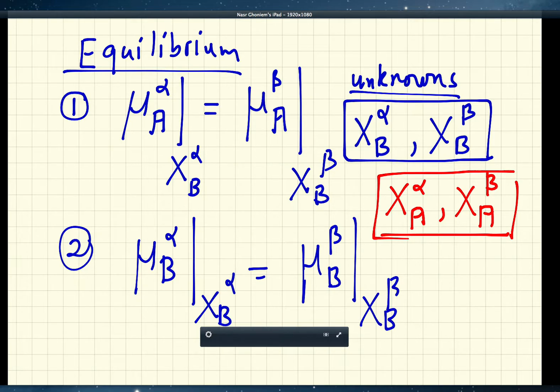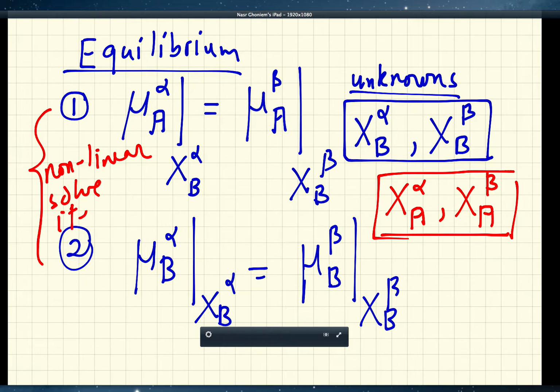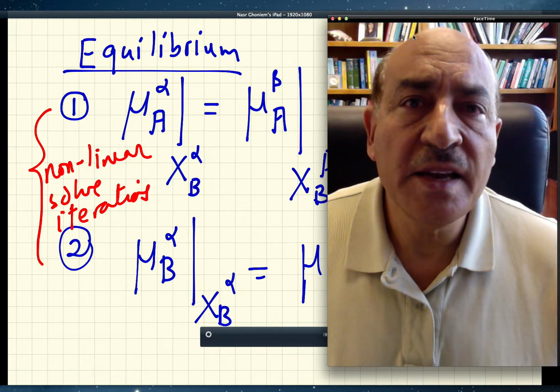And these two equations are nonlinear equations. So equations 1 and 2 are nonlinear, and we solve by iterations. So it's either that we have the common tangent approach, or we have to solve the problem by iterations in the system.